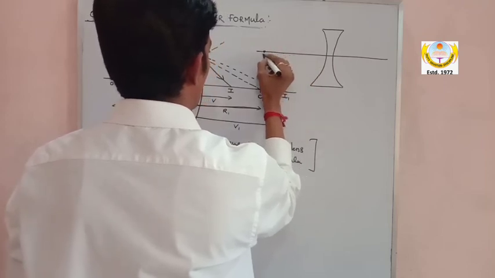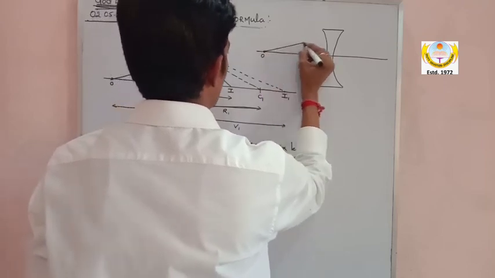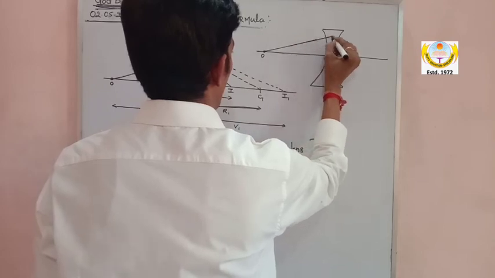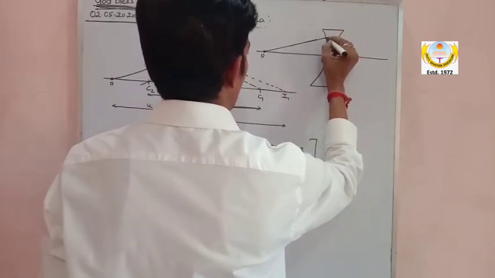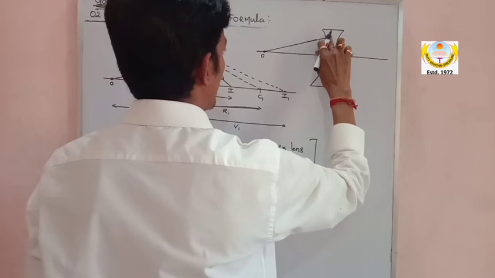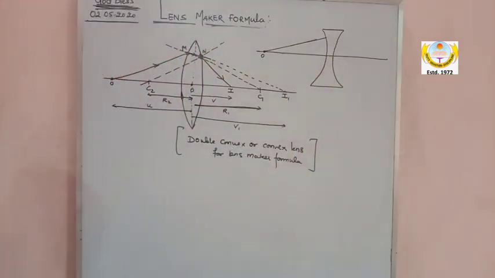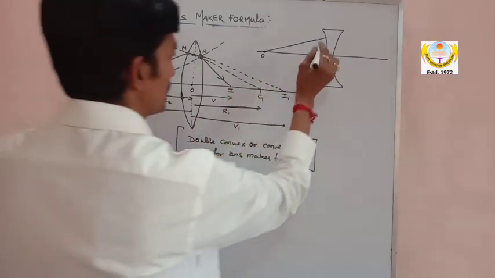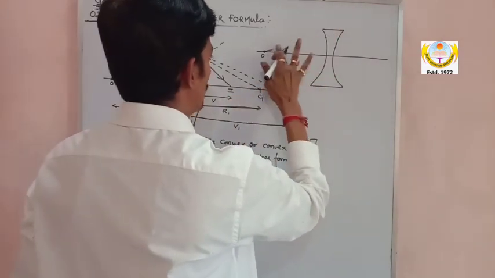My dear, here is the point object. This will go here, and as soon as it will fall here at this surface, you can see as soon as it is falling on this surface, it will be bent here. I can draw little down.